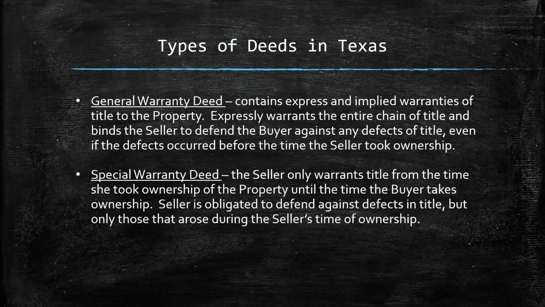The seller is still obligated to defend against defects in title, but only those defects that arose during the seller's time of ownership. That is a special warranty deed. It's just a limited time period. Otherwise, it's the same warranties of title.